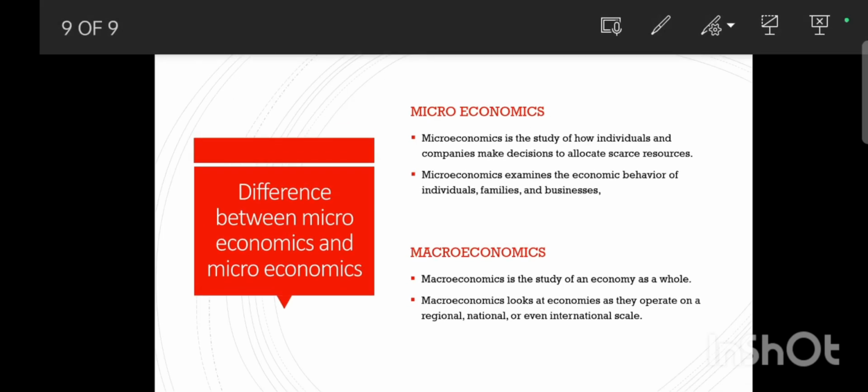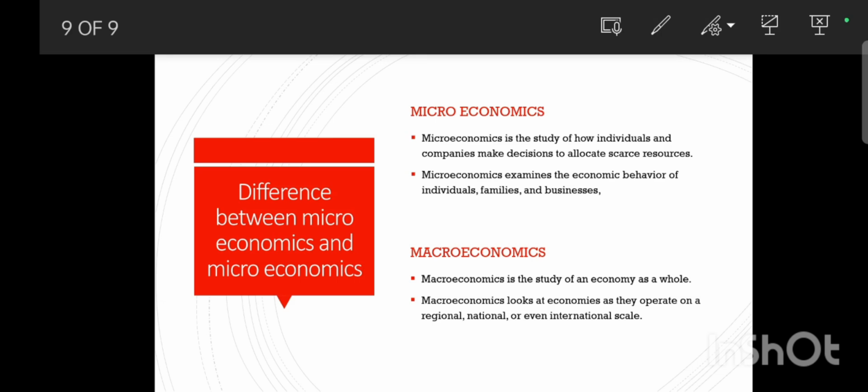Now, what is the difference between macroeconomics and microeconomics? Macroeconomics deals with larger units, microeconomics deals with smaller units. Microeconomics studies how individuals impact the price and general level of output, whereas macroeconomics studies how the economy as a whole determines the price and general level of output.